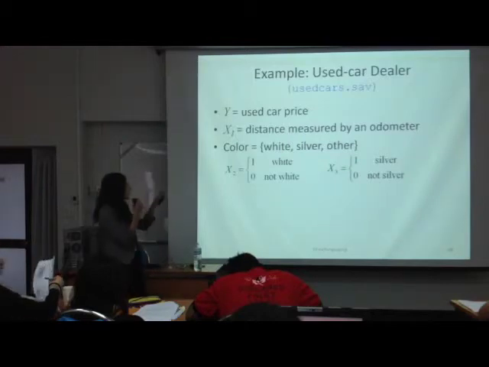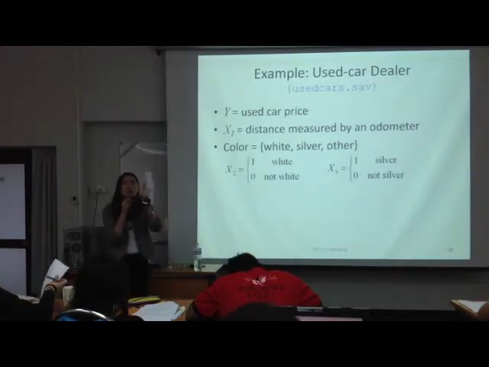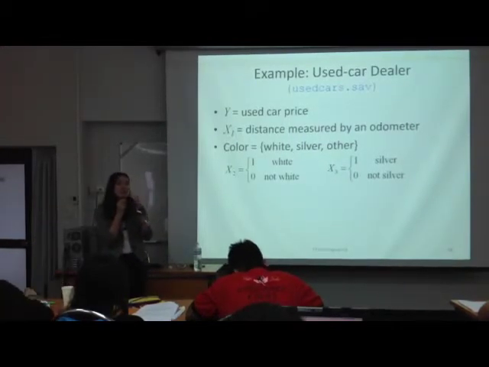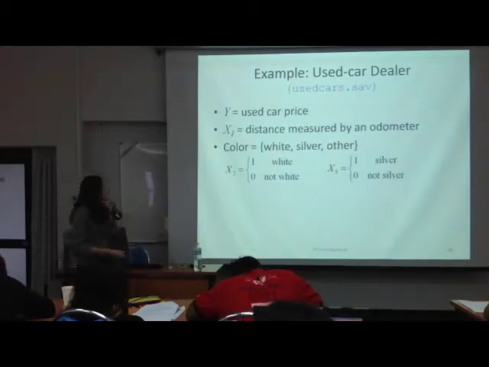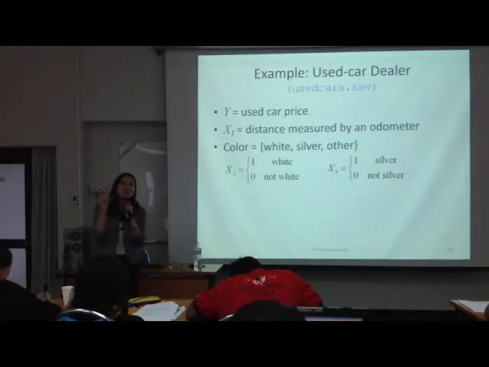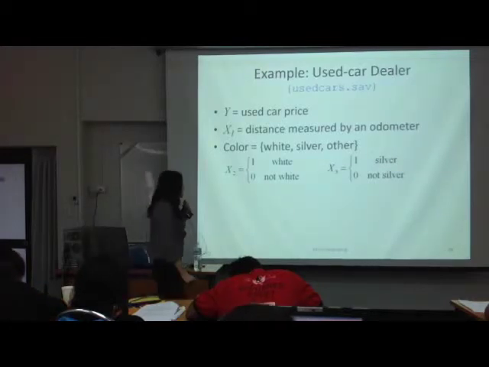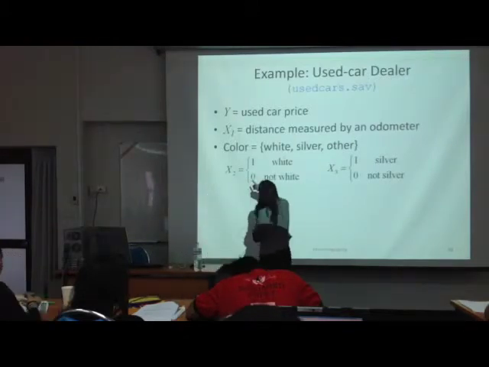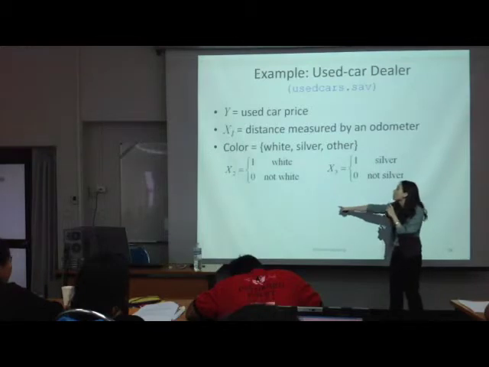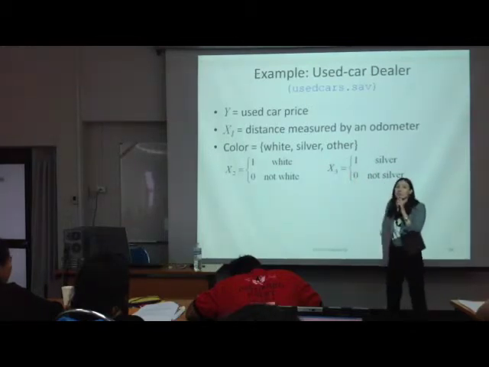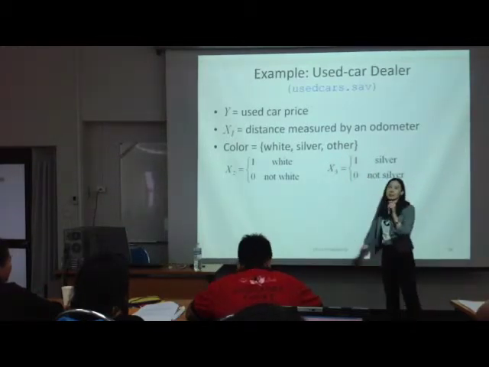So we can include only 2 dummy variables, x2 and x3 here. Why don't we need 3 variables? Can we have x2 to be 1 for white, x3 to be 1 for silver, and then x4 to be 1 for other, without the color?